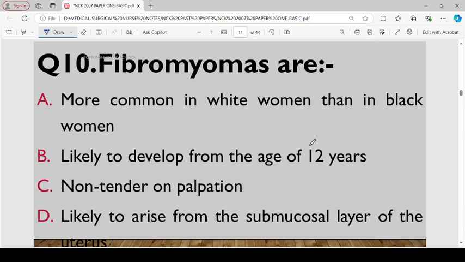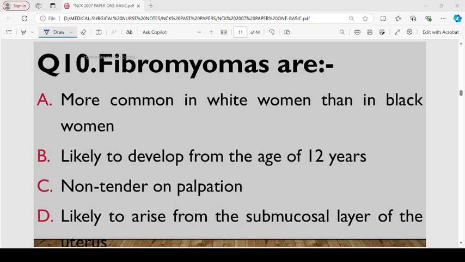Fibromyomas are, have nurse A to nurse D, you have a minute. Nurse A is incorrect. As you know, fibroids are more common in black women, right? So that makes that option to be wrong. Nurse B is also incorrect. As you know, fibroids usually develop in women after puberty.